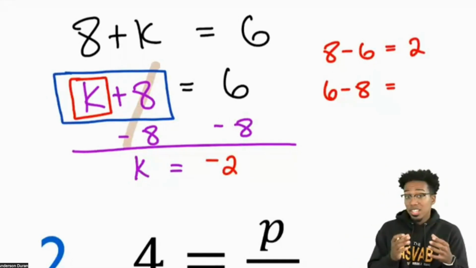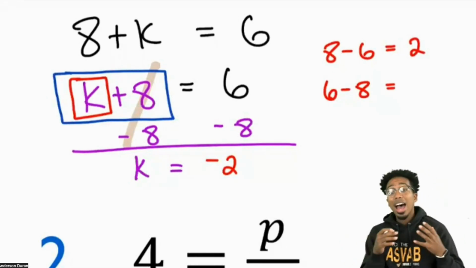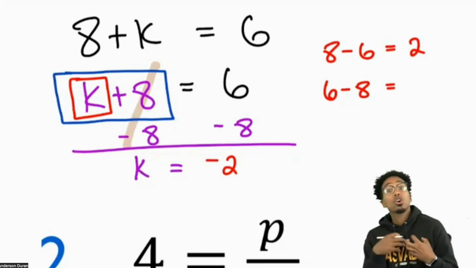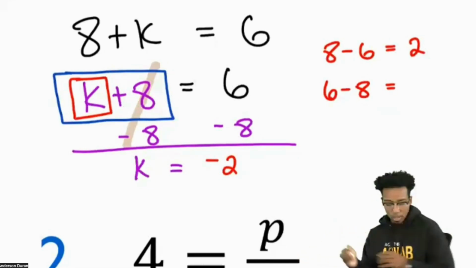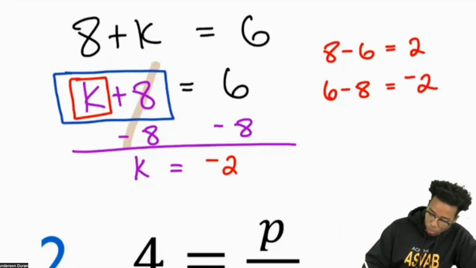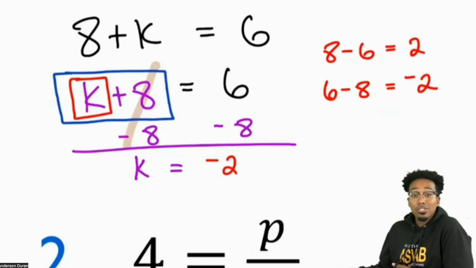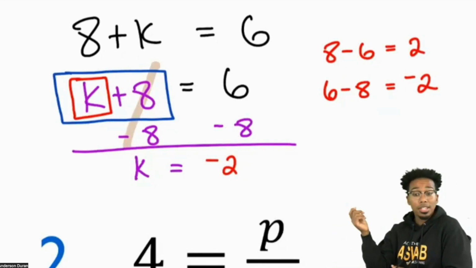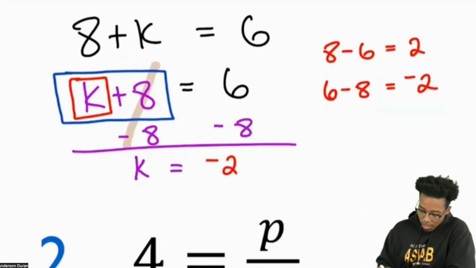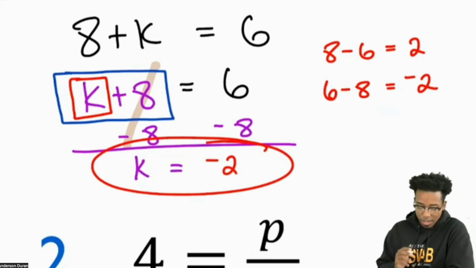If I have 6 and take away 8, I owe 2. I took away too much. And that's why when you go the opposite way, if I'm looking at 6 minus 8, just do 8 minus 6 and make it negative. Same idea. And there it is. That's why k would be -2 in that case.